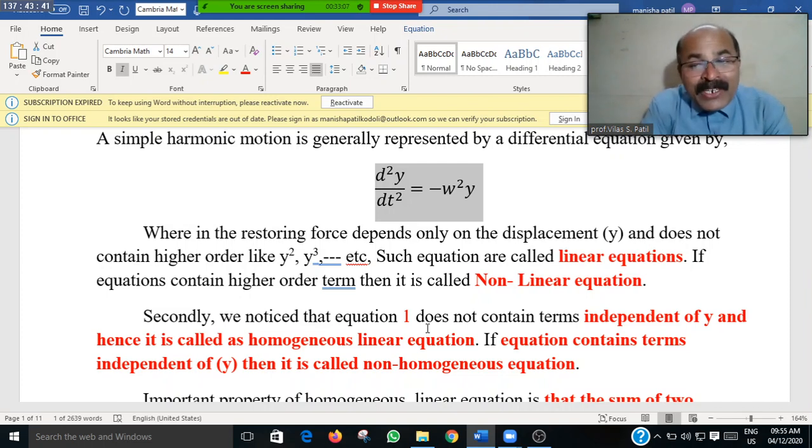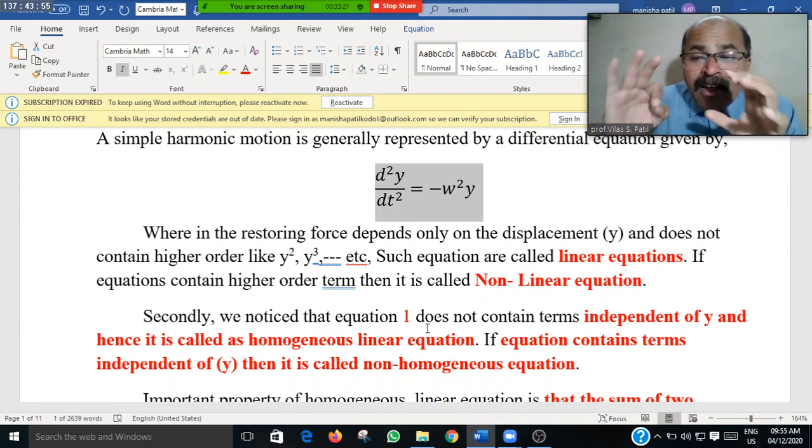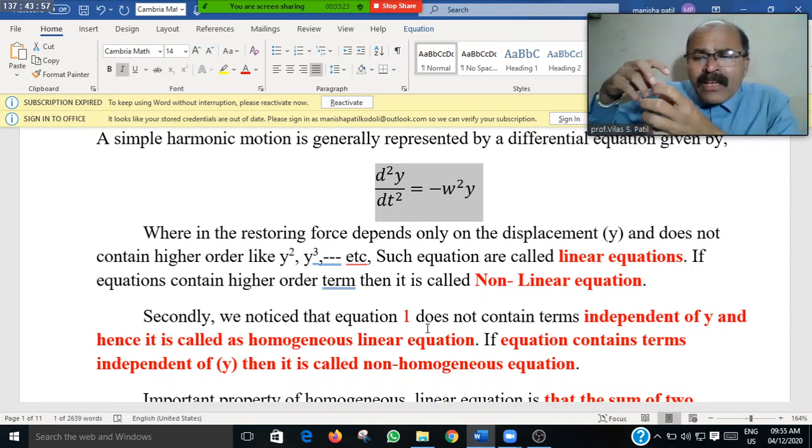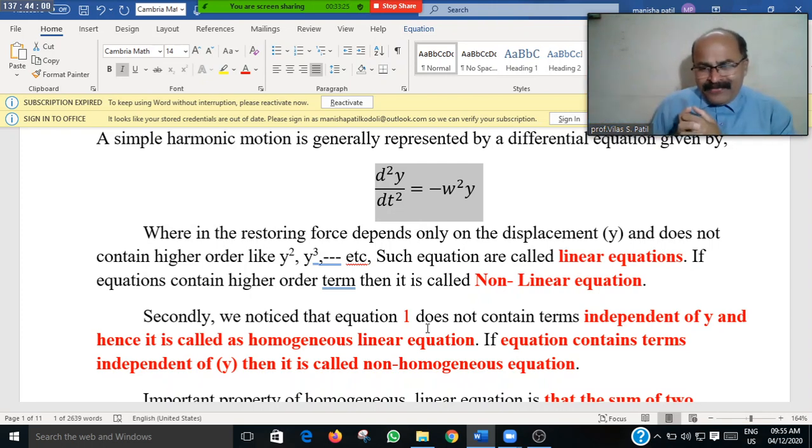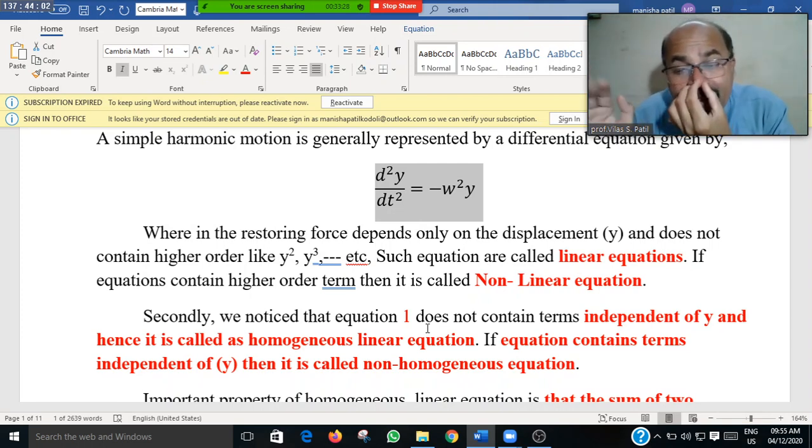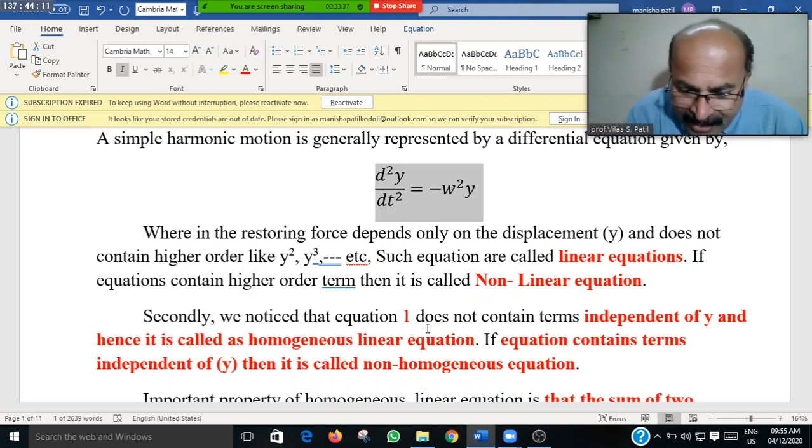If the terms in the equation are not depending on y, meaning they do not contain y, then they are independent terms. And if the terms are independent, then that will be known as a non-homogeneous equation.